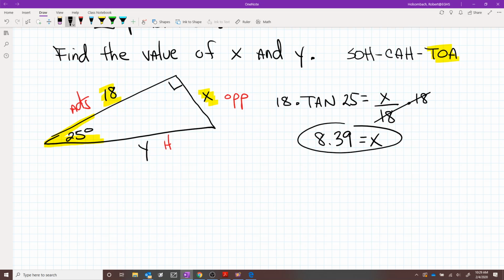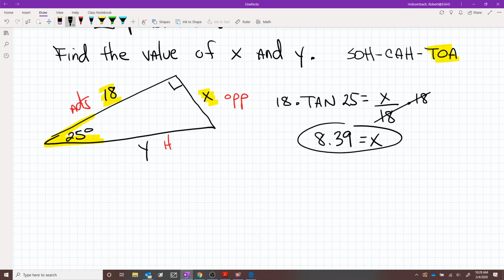In these calculators, we've got to put the angle measure in first and then the tan. Did you get 8.39? What did you type in your calculator? Okay, did you push equals? Yeah, you're probably not in degree mode then.